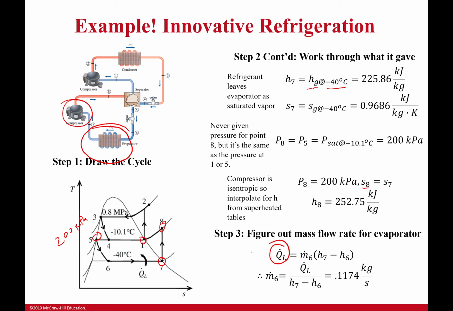So here's our cooling load, which we do know, our mass flow rate, which we don't know, and then our enthalpies, which we have just calculated. And so that difference in enthalpy, that is us absorbing heat from what we're trying to keep cold. And if we want to do it at 22 kilowatts, I think is what it said, we have to have a certain mass flow rate to match that. So we rearrange, we plug it in, and we get a mass flow rate through the evaporator of 0.1174 kilograms per second.